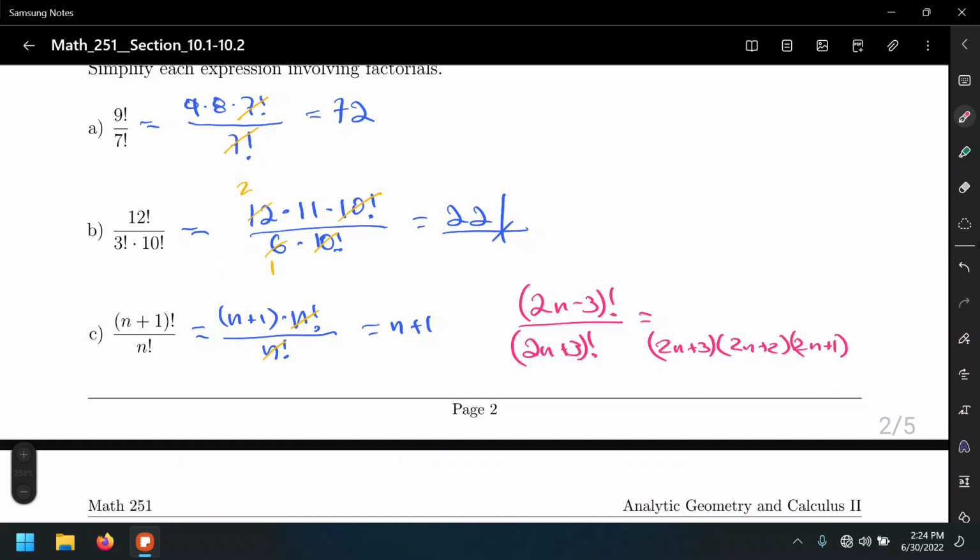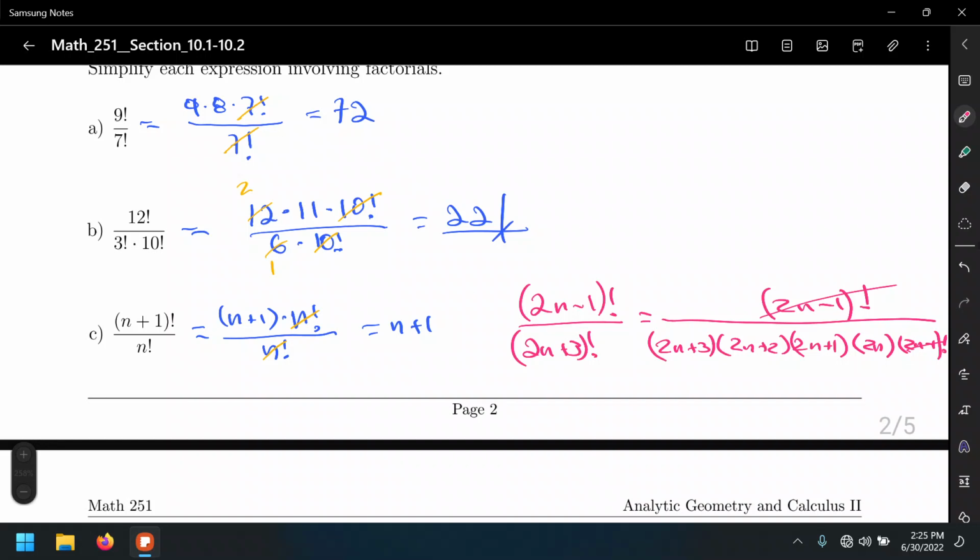Yes, this one is going to take more factors actually: 2n. And you know what? Let me change this to negative 1 because I'm going to run out of space. 2n and 2n minus 1. Call this the factorial, and just cancel the factorials. You will be left only with 1, 2, 3 factors below, in the denominator.